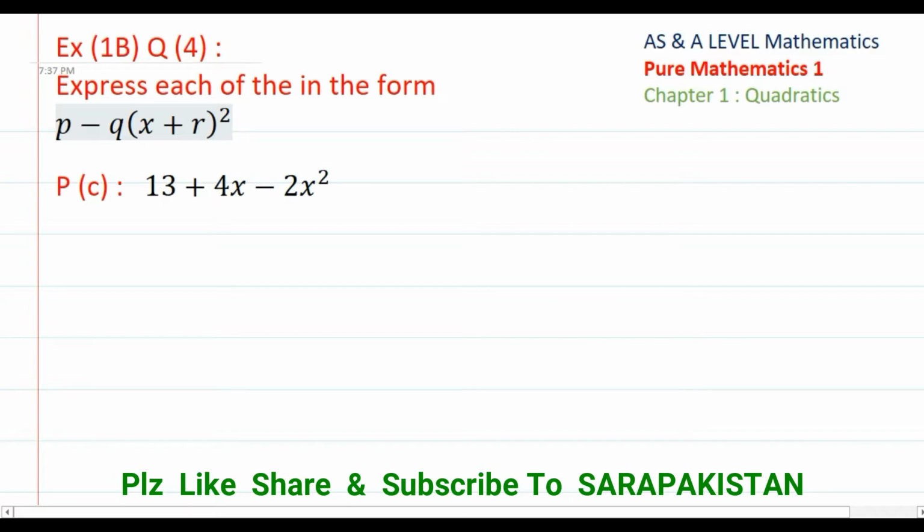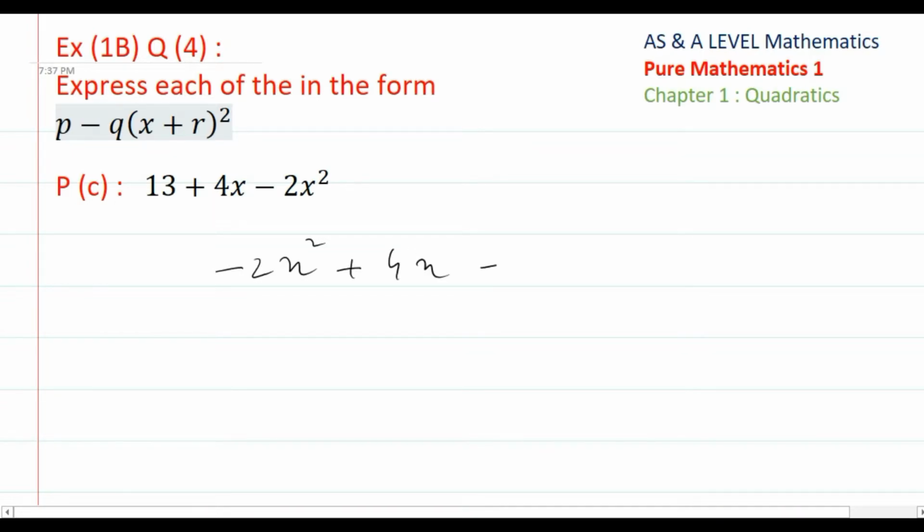It will become minus 2x square plus 4x plus 13, and you can take minus 2 as common and you are left with x square minus 2x plus 13.